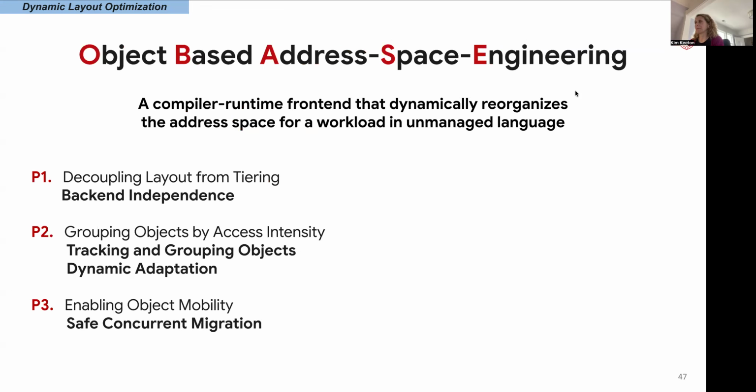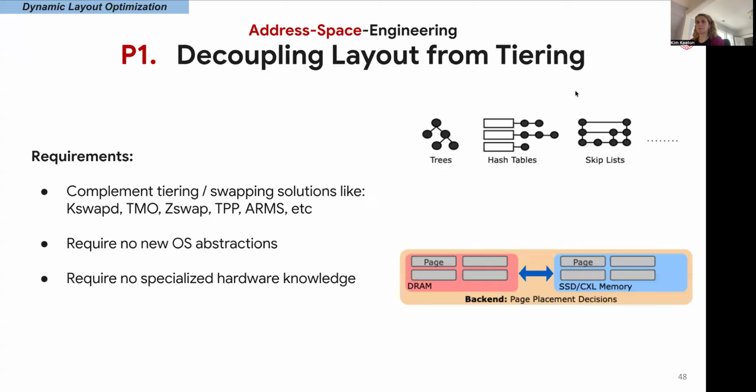For each of these principles, there are different components. I'm going to go through each of these principles and quickly review what components we had to build to realize them. The first principle is decoupling layout from tiering. There has been a lot of good work on memory tiering and reclamation, like kswapd, TMO, ZSwap, TPP, ARMS.